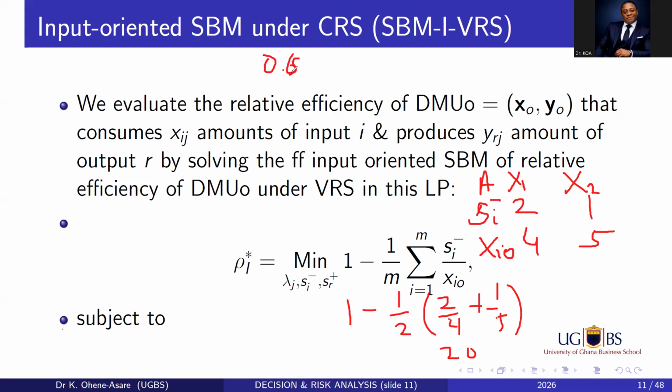Then 5 goes into 20, that is 4. 4 times 1 is 4. So you have 10 plus 4, giving you the numerator to be 14 divided by 20. Half of the 14 is going to be 7, and half of the 20 is going to be 10. So now you have 1 minus 7 over 10.